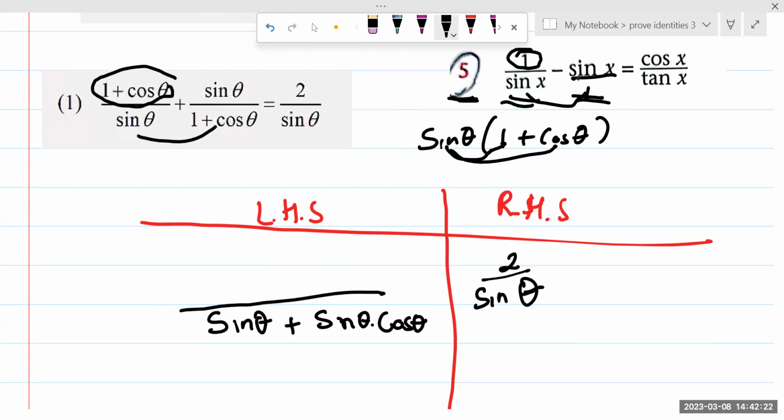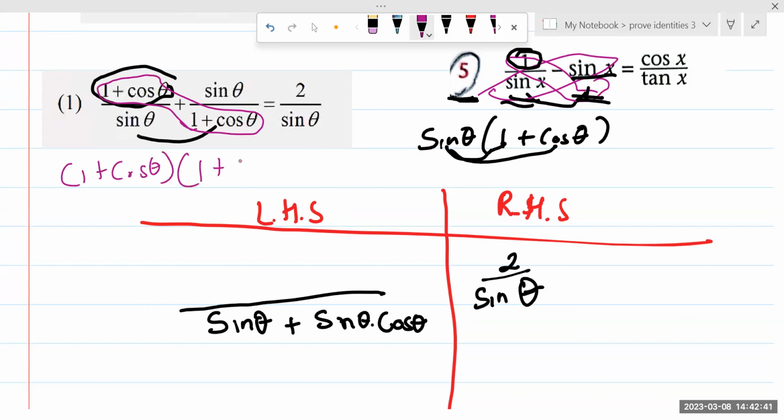Now, what was the next thing here? What did we do here? We used the bowtie method. Remember that? So this one multiplied by this one, and then we said this one multiplied by this one. Yes. We're going to do exactly the same thing here. We're going to say this one multiplied by this one. But here you have 1 plus cos theta multiplied by 1 plus cos theta. So we are dealing with multiplying two terms. Okay? So what do we do? We fold.